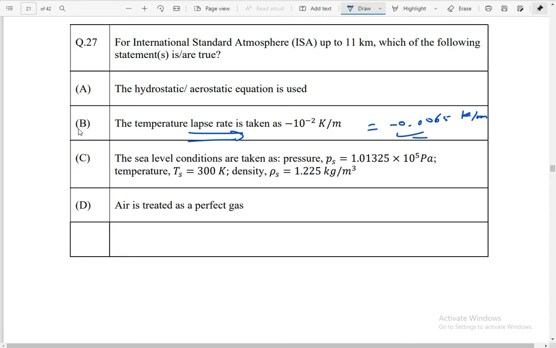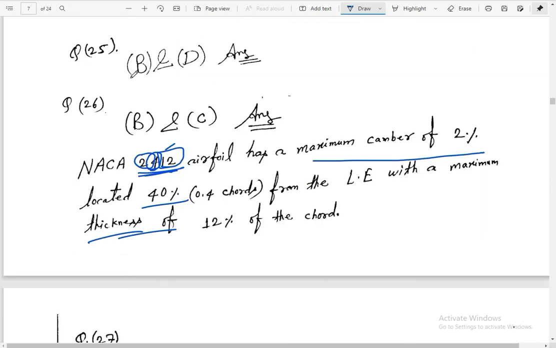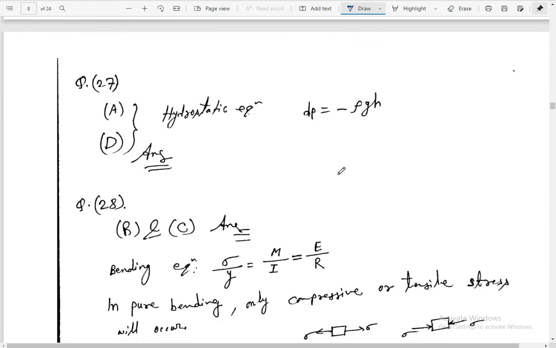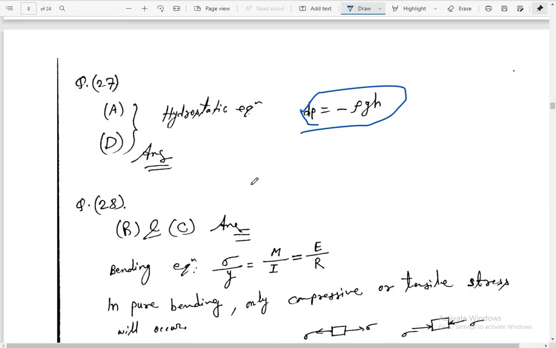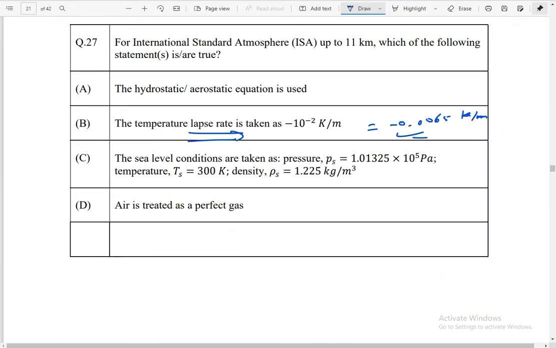And for question 27 we have option A and option D as the right options, because in the hydrostatic equation we have dP equal to minus rho g dh. So according to that, in A, the hydrostatic or aerostatic equation is used to find the altitude or temperatures, and air is treated as a perfect gas.